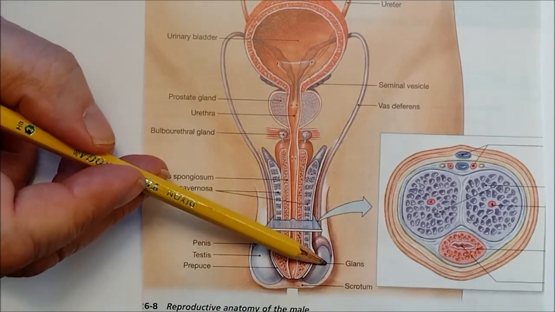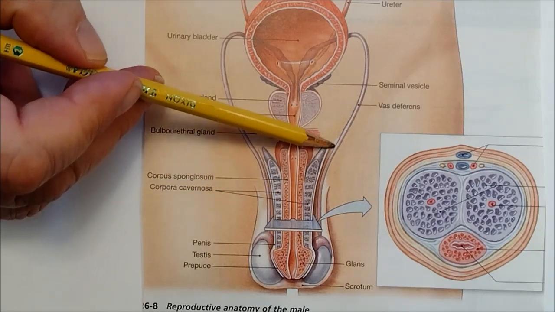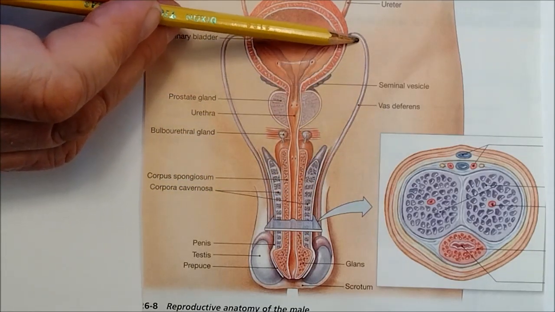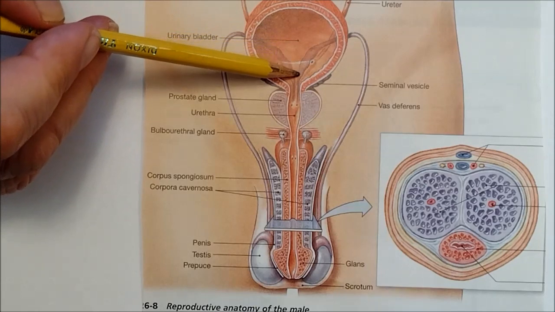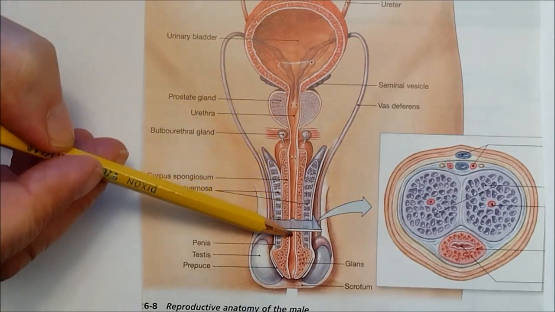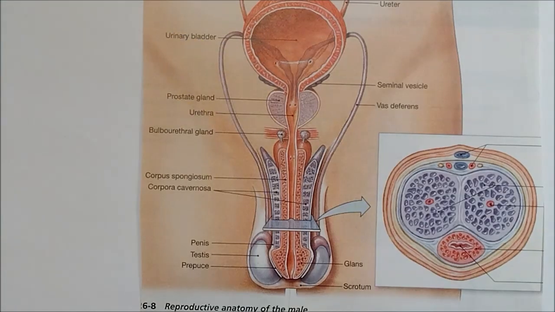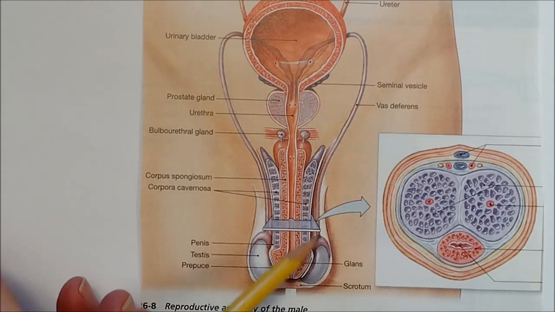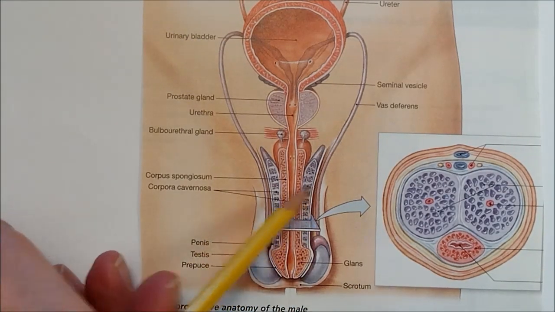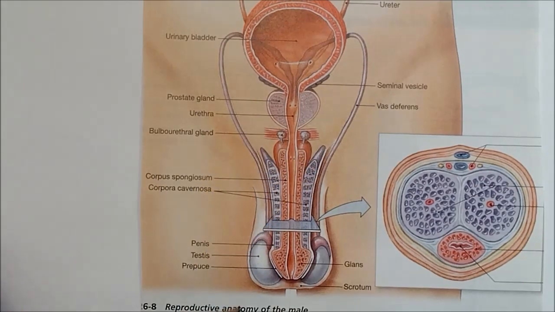It's the tube that comes from the testicles up here, carrying the sperm behind the prostate gland and then down through the urethra here, on both sides. By the way, when the man ejaculates, he ejaculates on both sides. It's not just one or the other.